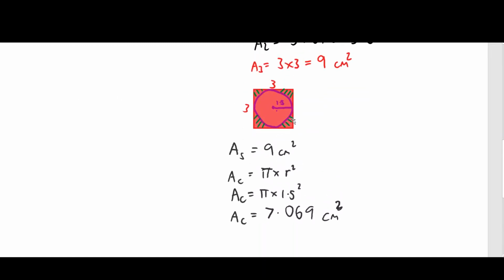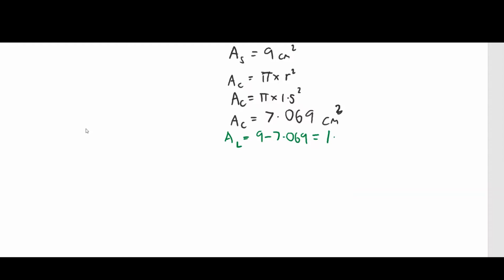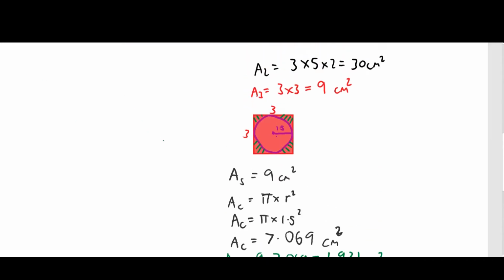So this green area, the area of the leftover bit, is going to be 9 take away 7.069, which leaves us with 1.931 square centimeters.